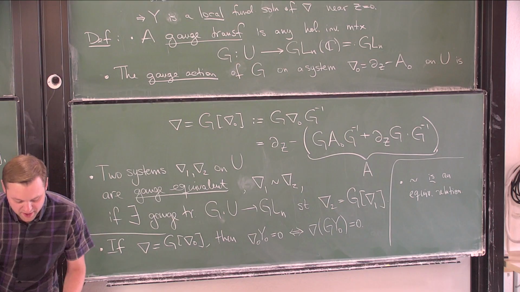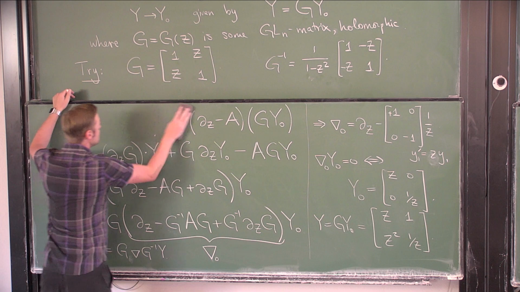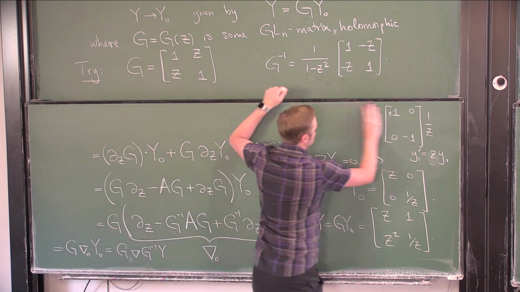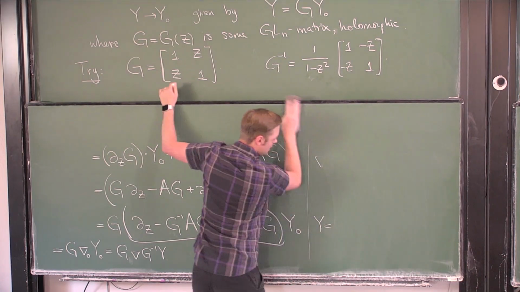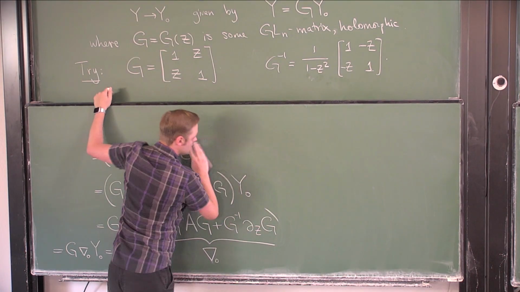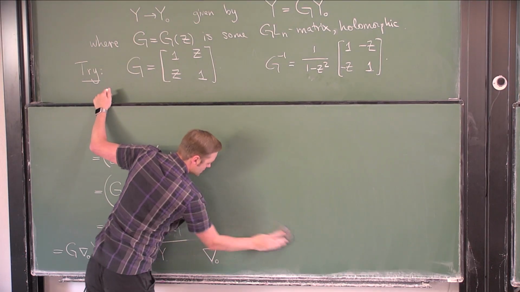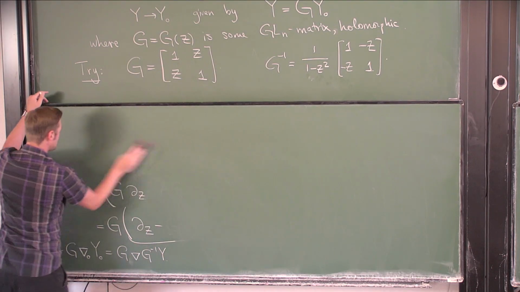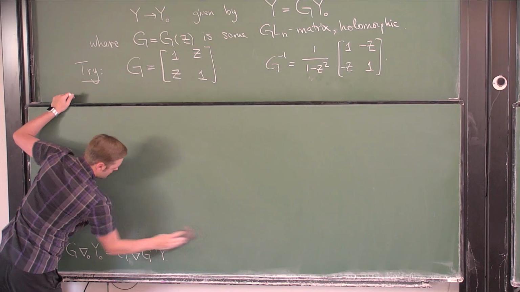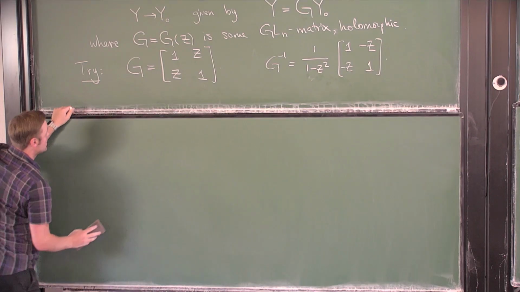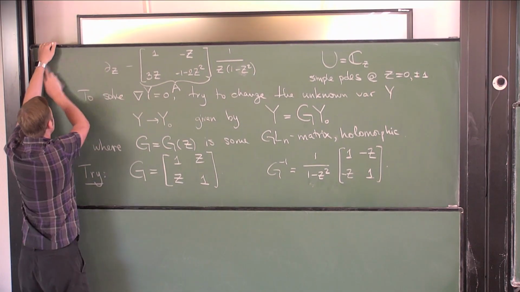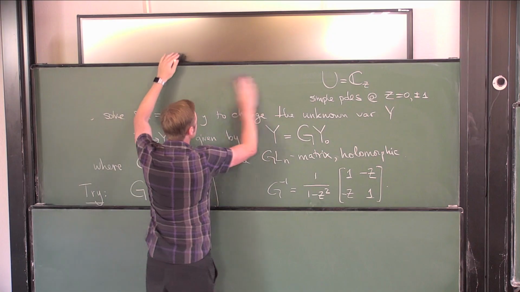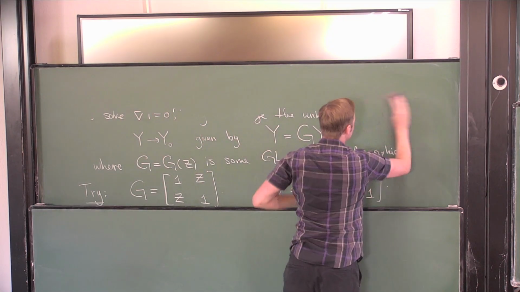Okay, so this gives us a goal now, which is to study differential systems by using gauge transformations, by using this so-called gauge symmetry. So what you do is you start with a system and you try to search for gauge transformations that put that system into the simplest possible form.